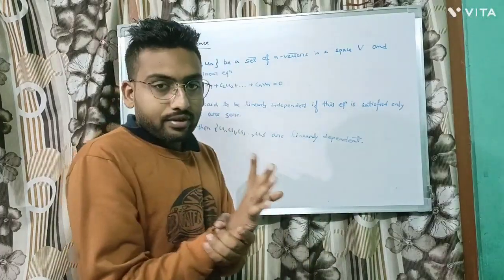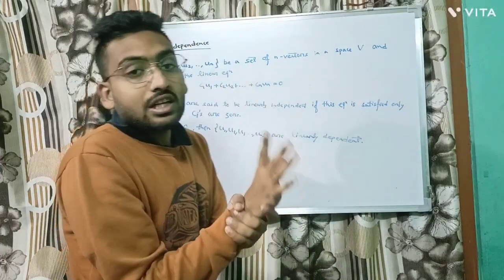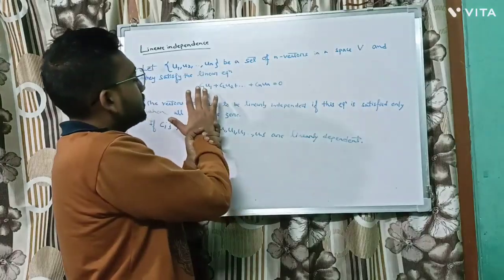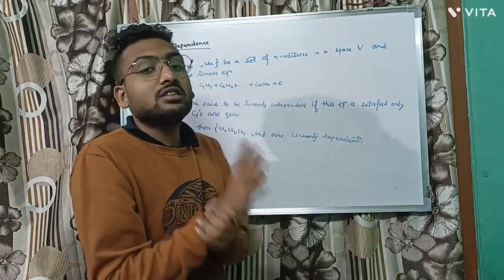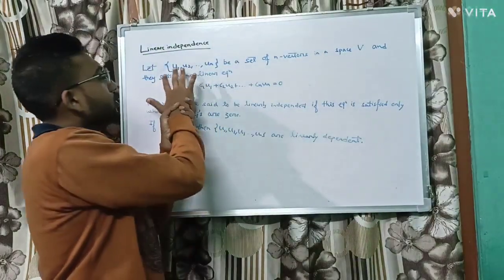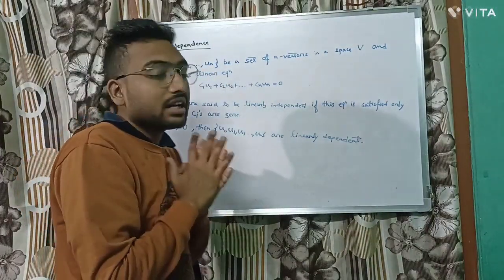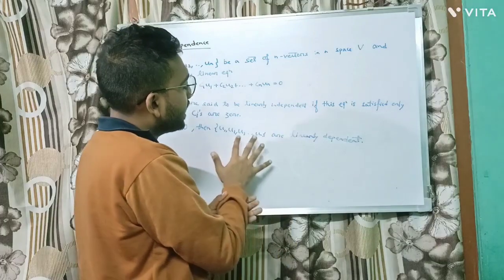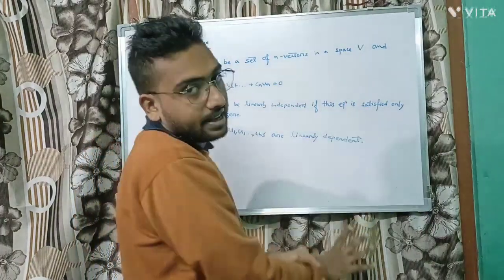But if there are also solutions where c1, c2, cn are not 0, then I can say that the vectors u1, u2, un are not linearly independent. They are linearly dependent then.